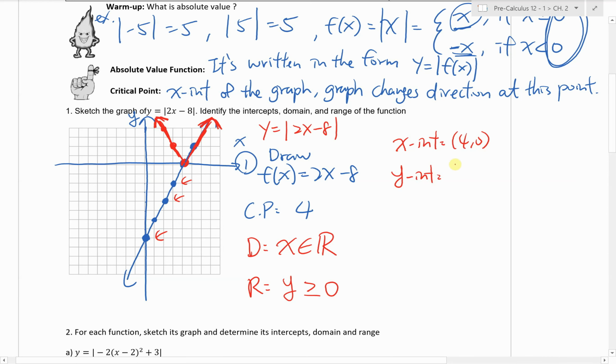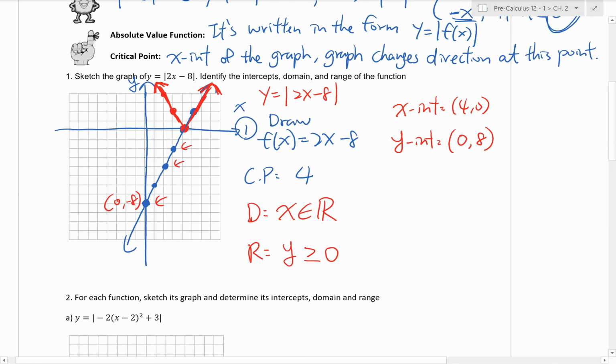So the new y-intercept is going to be at (0, 8), because this was (0, negative 8) and there's a reflection over the x-axis. So it became (0, 8). That's the absolute value of a linear function.